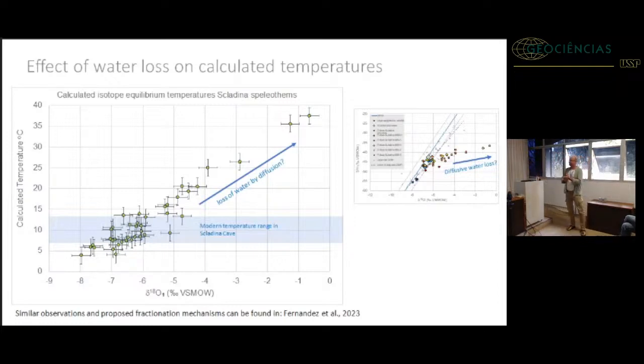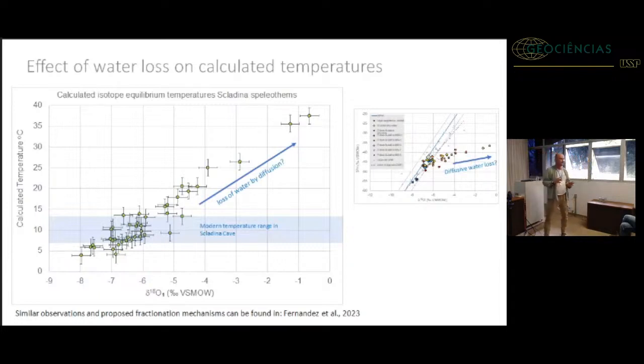And then recent work from the Bergen group that I was involved in looked at these things, and what we actually believe is going on here is that we have an analytical artifact in our systems.